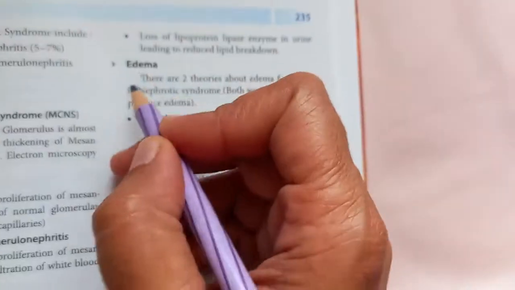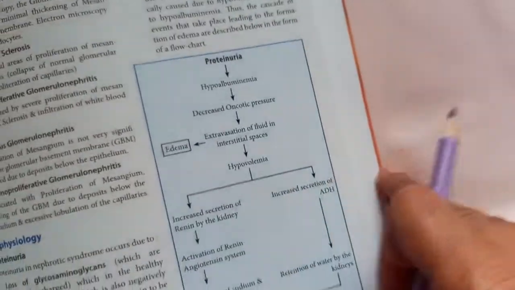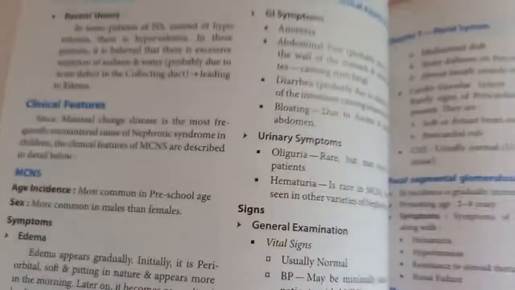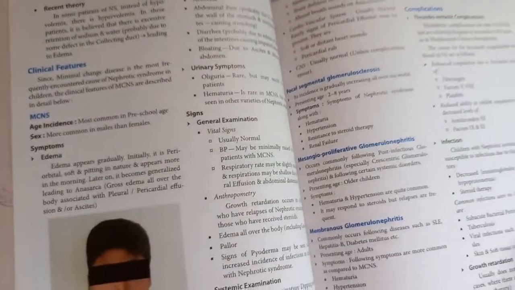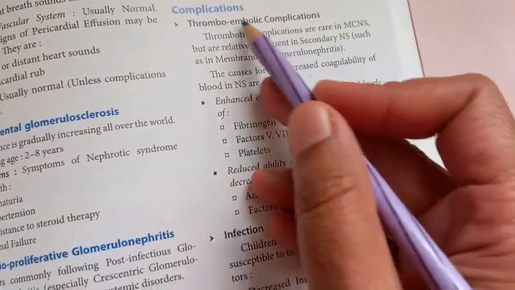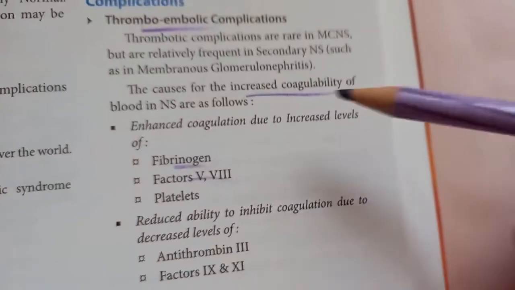Then why is there edema? Hypoalbuminemia, so there is edema. So you understand that, isn't it? So a lot of information has been given here. You can look at all these. What are the complications of nephrotic syndrome? Thromboembolic complication. So this is interesting.